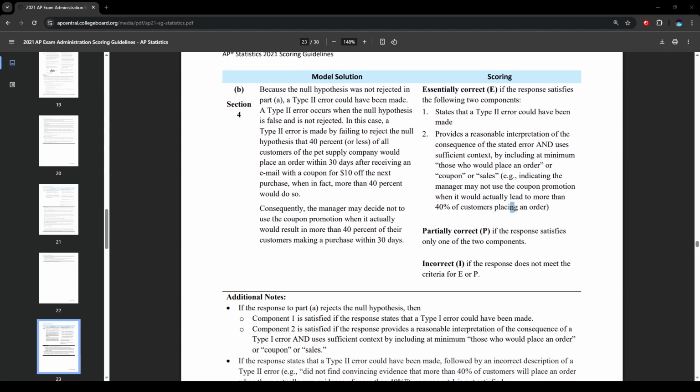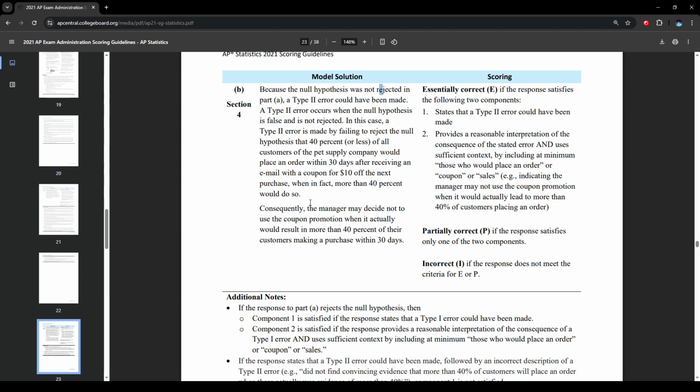So we see here that because the null hypothesis was not rejected, a type 2 error could have been made. A type 2 error occurs when the null hypothesis is false and not rejected. In this case, by failing to reject, it would result in concluding that not more than 40% would place an order within 30 days after receiving $10 off, when in fact more than 40% would do so. Consequently, the manager might decide not to do this. So you see here, you have to explain the full context, and you simply explain the consequence of doing such.